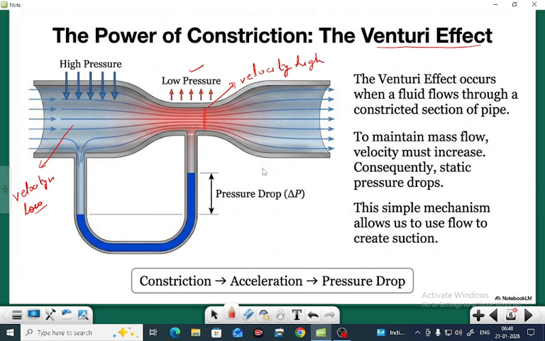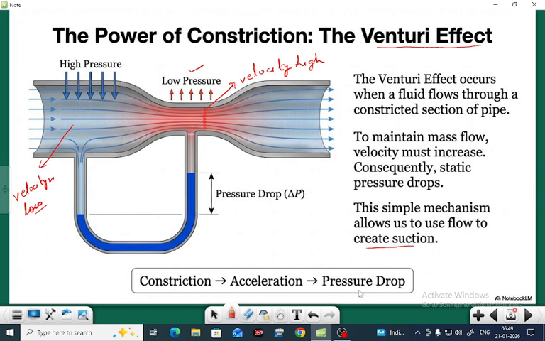So here you can see the Venturi effect occurs when a fluid flows through a constricted section of pipe. To maintain mass flow, velocity must increase. Consequently, static pressure drops. So there is a drop of pressure here. This simple mechanism allows us to use flow to create suction.